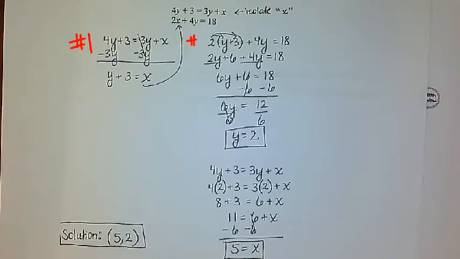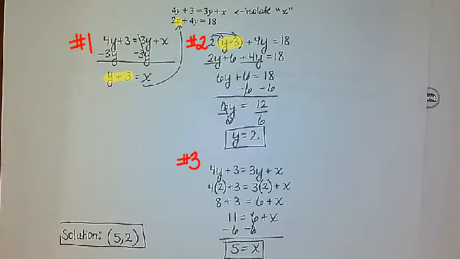The next thing I did was I substituted it back in. And finally, step 3, I found my other variable. So I saw that x is equal to y plus 3, substituted it in for this equation, and then solved for y.